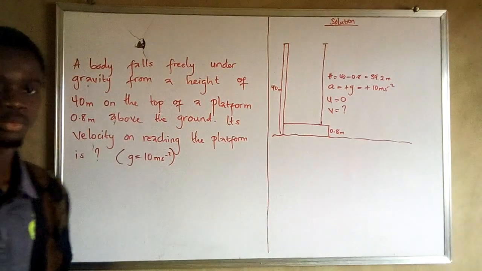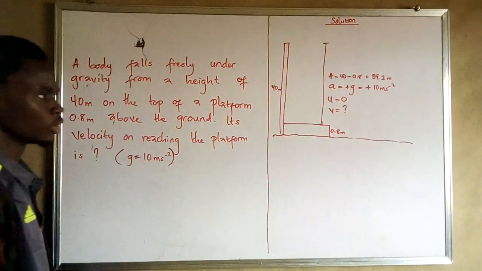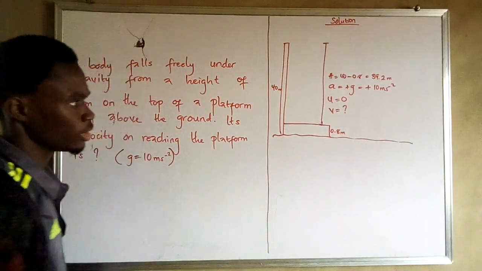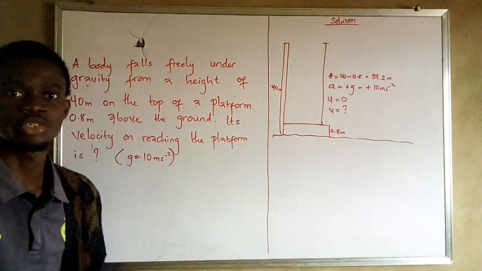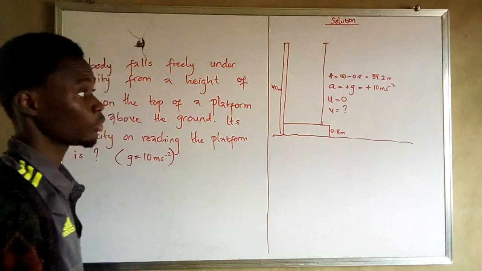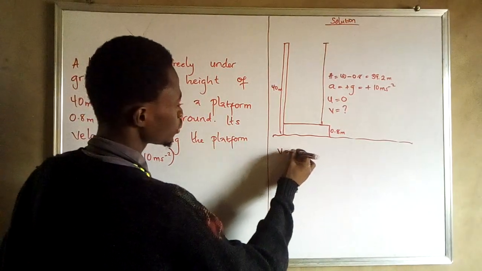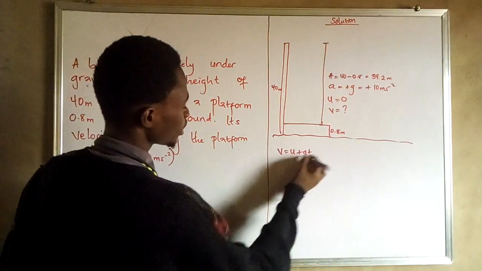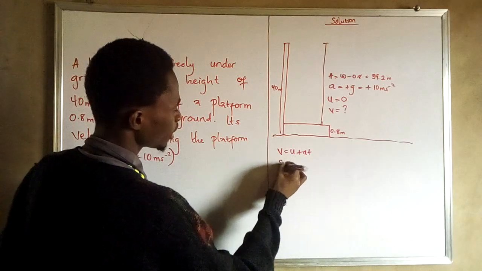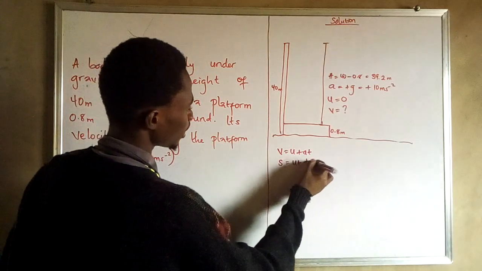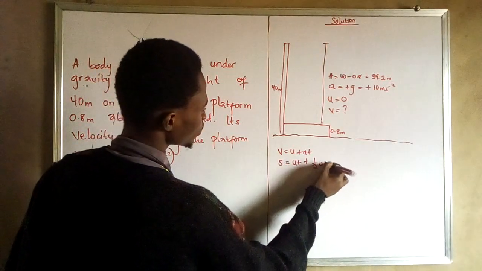Which is unknown. Now let's write out the three equations of motion, and let's see which is going to be the best option to be used. The first one is v equals u plus at. The second one is s equals ut plus half at squared.